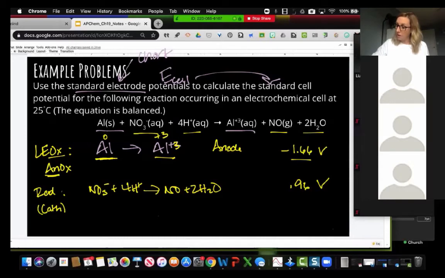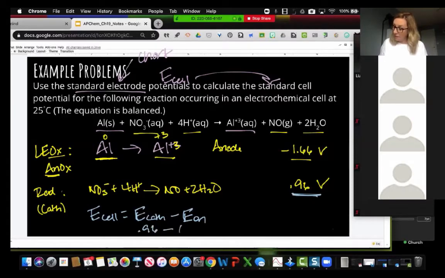So then we're going to go back to our formula. So E cell equals cathode minus anode. So I'm going to plug those values in. So this is my cathode value. So 0.96 minus a negative 1.66, and that gives me 2.62 volts.